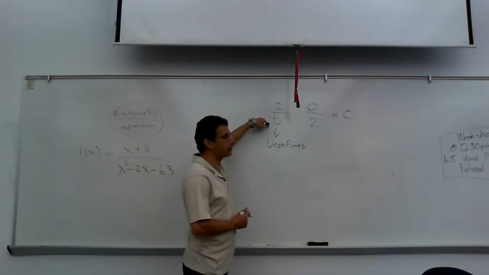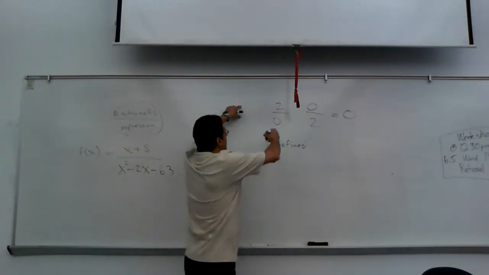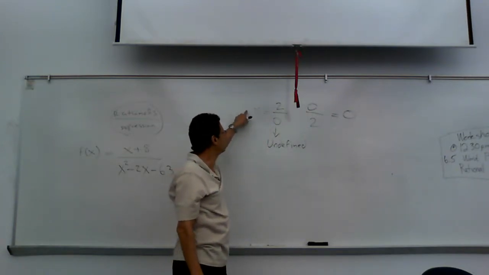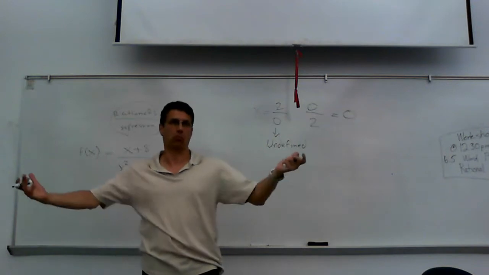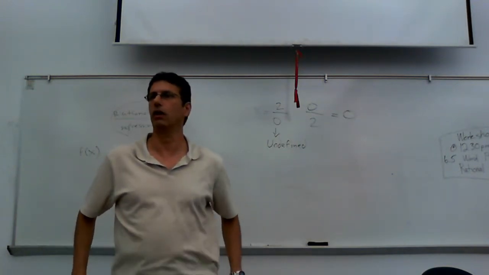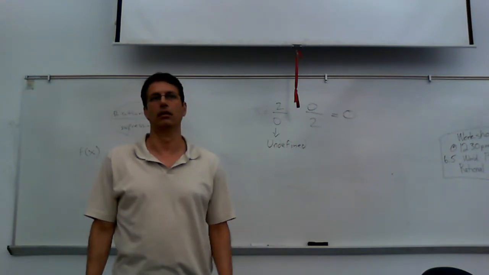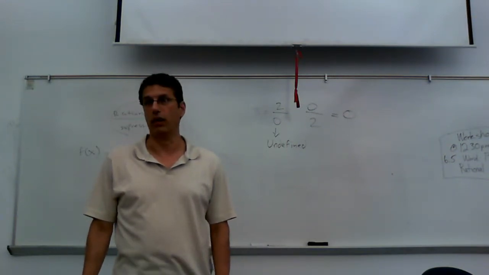If you're dividing by 0, there must be a number that is the answer. Are you with me? What number times 0 is 2? Can you think of a number that you multiplied by 0 to get 2? I can't think of one, therefore it's undefined.